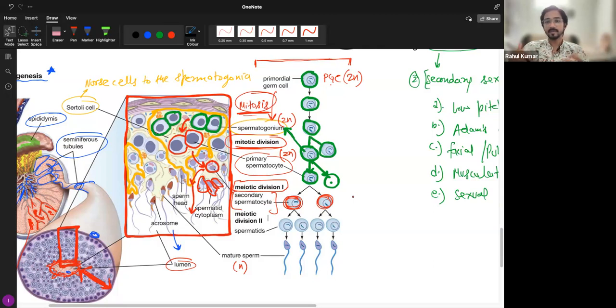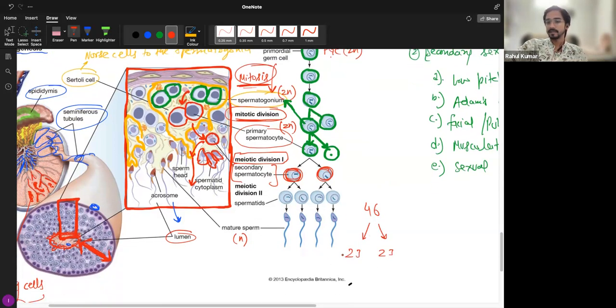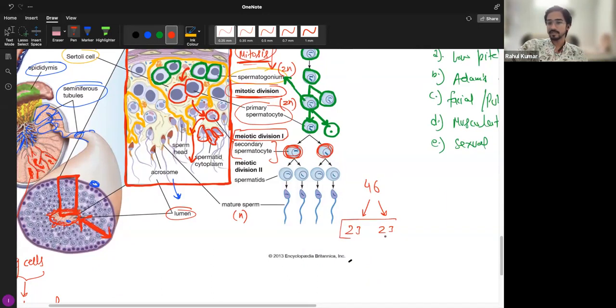It also makes sense because if you reduce 2 times, there will be a problem. Let's say you start with 46 human chromosomes. Meiosis 1 happens and there are 23 and 23 in each cell. So this is clearly reductional.